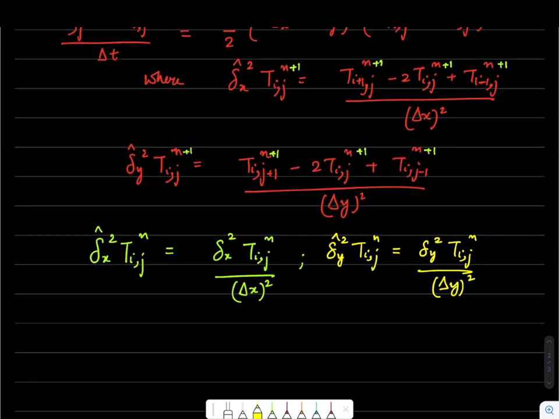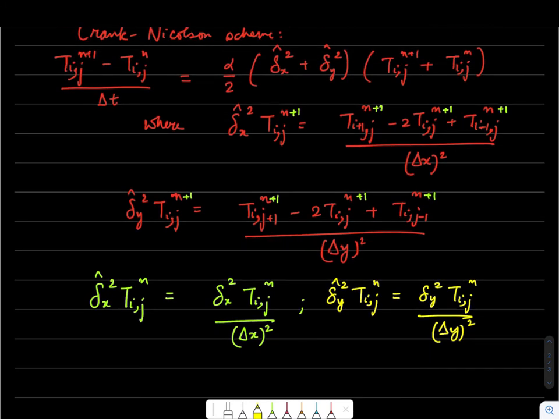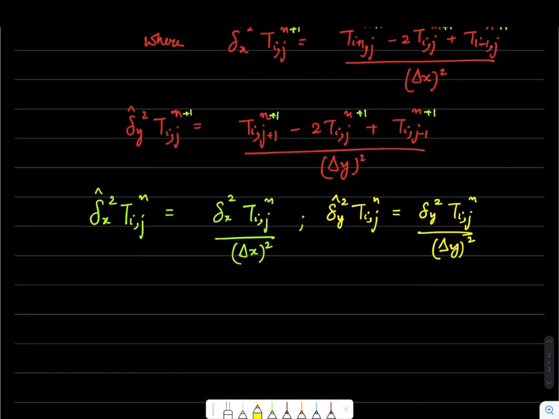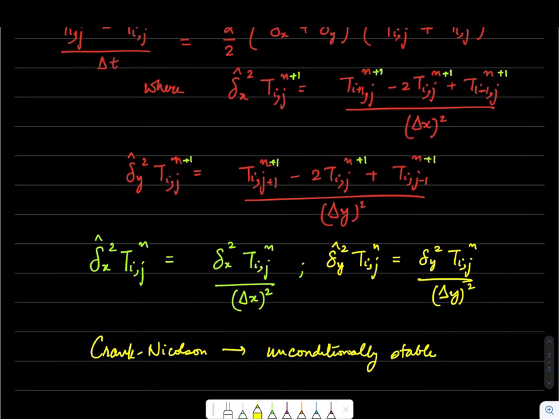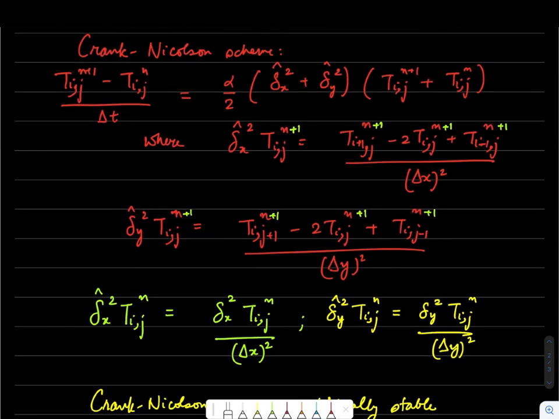Now the Crank-Nicolson scheme in the two-dimensional case is unconditionally stable. So if we solve this equation, we will see that Crank-Nicolson is unconditionally stable. However, the issue here is, now that we're solving a 2D problem, we will have a pentadiagonal system of equations.